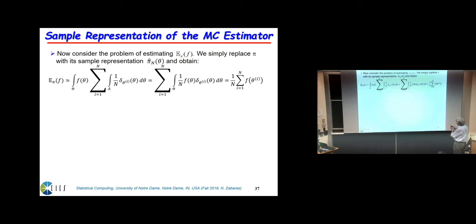Now you remember from calculus, when you integrate a function against a delta function centered at the point theta i, what you actually get is f at theta i, because the delta function is 0 everywhere else, and it integrates to 1. Makes sense?